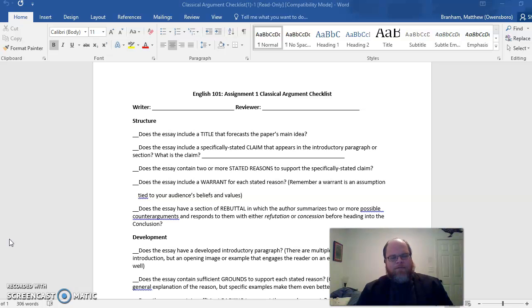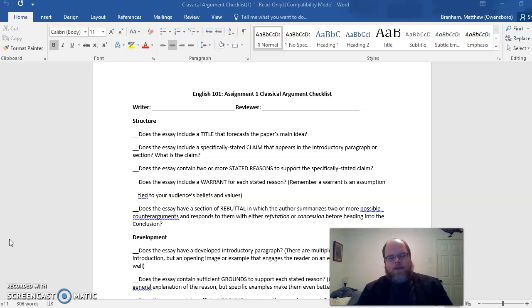And also, after you're done developing your reasons, you should have a section which we call rebuttal, or the conditions of rebuttal, which summarizes 2 or more opposing arguments or counter arguments and responds to them with refutation, which is to say that the opposing arguments are wrong, or concession, in which we say that there is some merit, some benefit to opposing arguments.